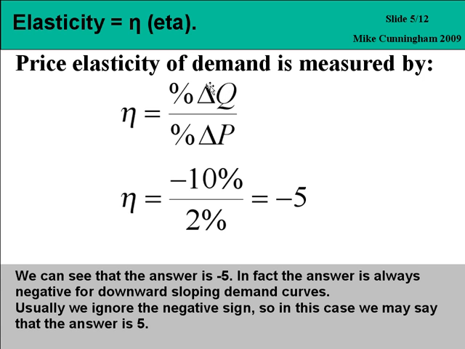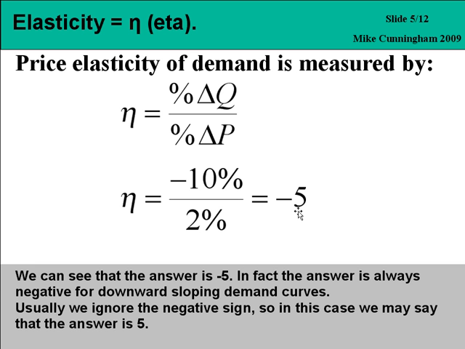So you've got minus 10% divided by 2%, which is just equal to minus 5. When we deal with elasticity of demand, we invariably get a minus sign because demand curves slope downwards.